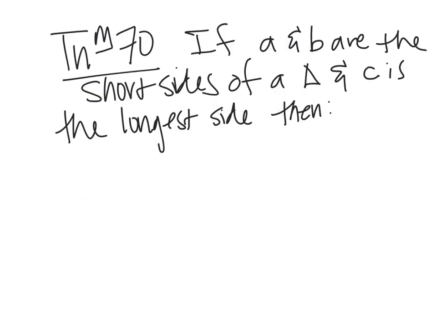Okay, so this is the theorem you're going to need more than likely on an ACT. They're going to ask you what kind of a triangle you're looking at just by looking at the lengths of the sides. So if we say that A and B are the short sides of the triangle and C is the longest side of the triangle, we have 3 possibilities. We can say that A squared plus B squared is equal to C squared.